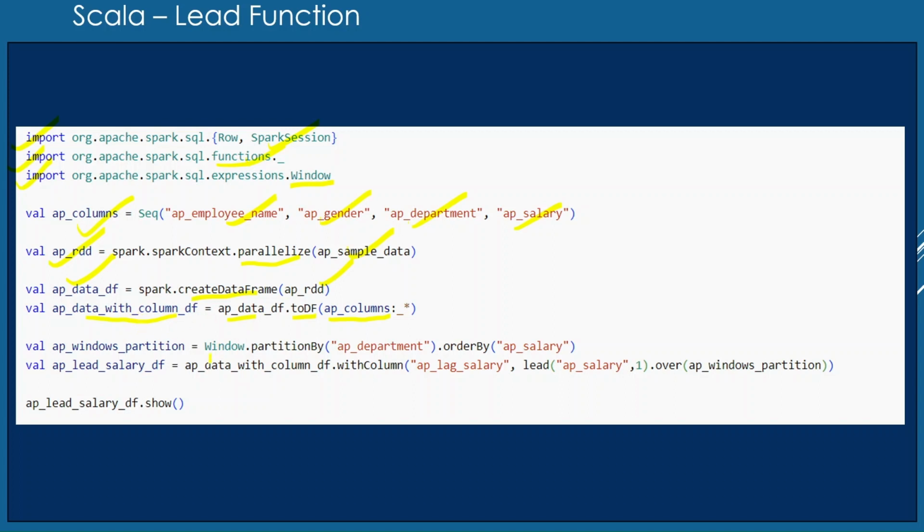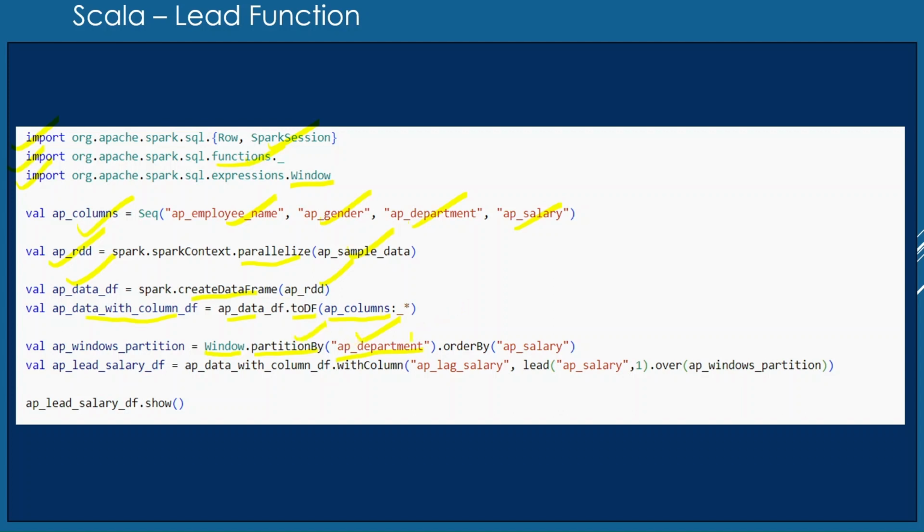Here we are defining a window. How are we going to define it? First, we need to use the partitionBy clause. It takes a column name, and based on that column name, it will create a partition. Each unique value in the department column will be a separate partition.